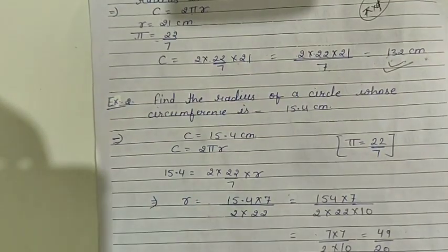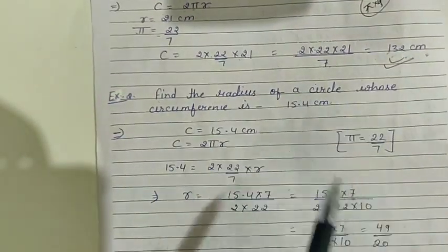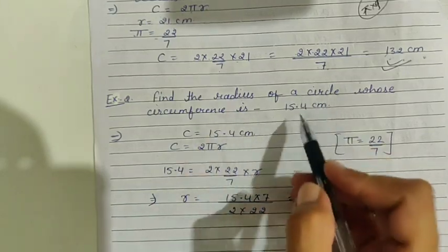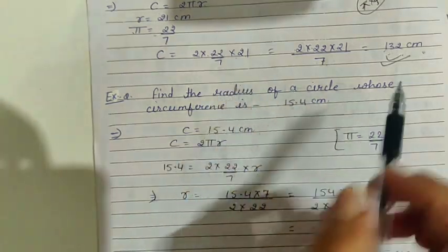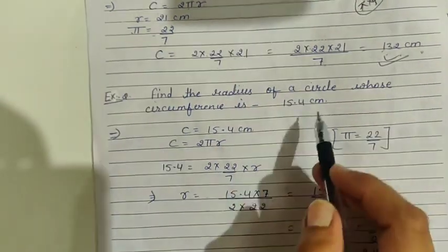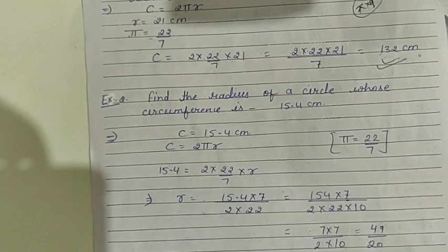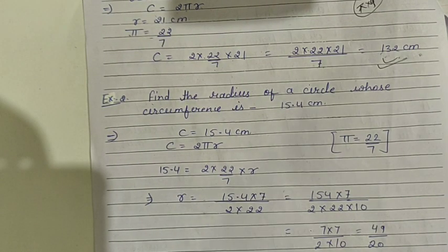Now example number 2. Find the radius of a circle whose circumference is 15.4 centimeter. We have to find the radius of a circle whose circumference is given as 15.4 centimeter.